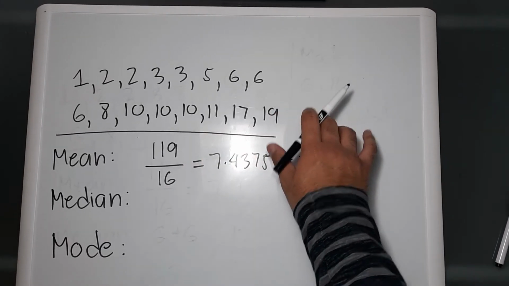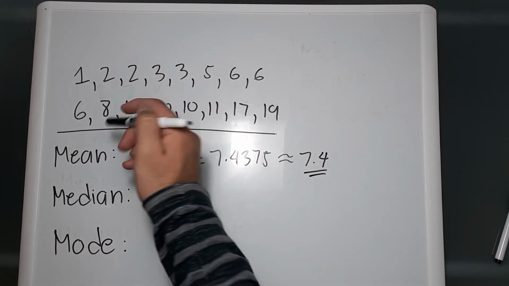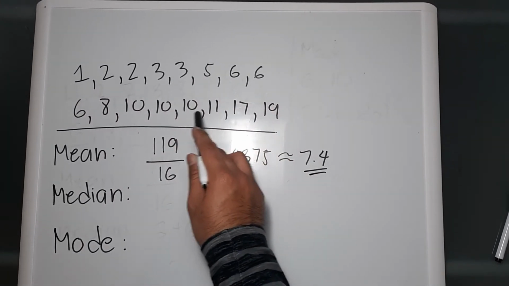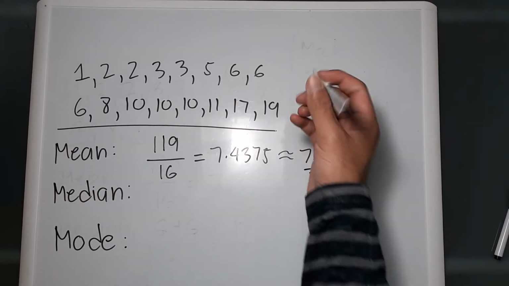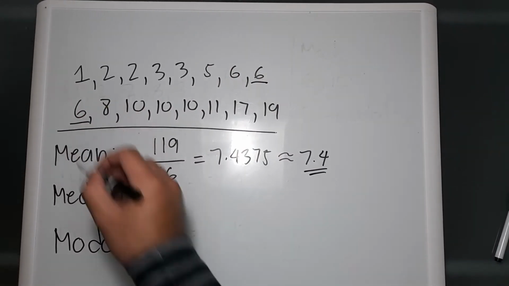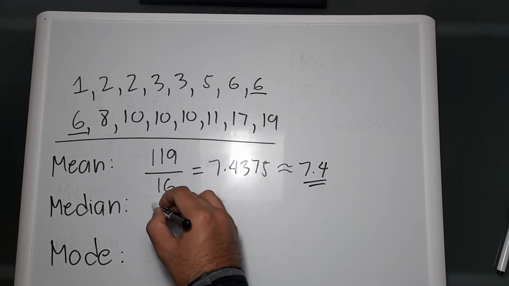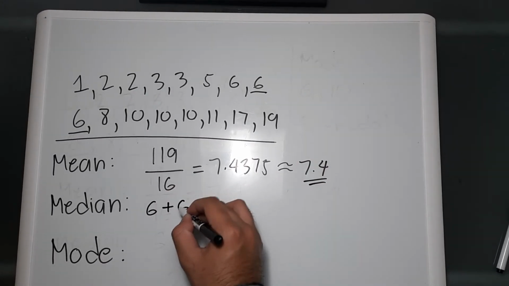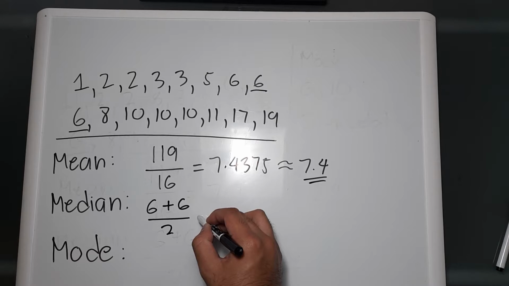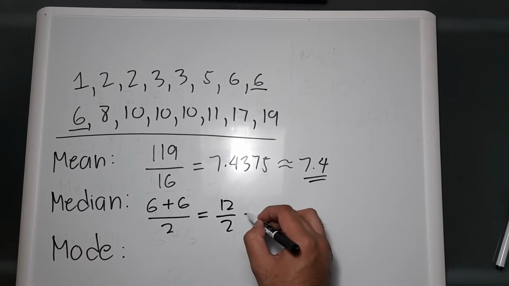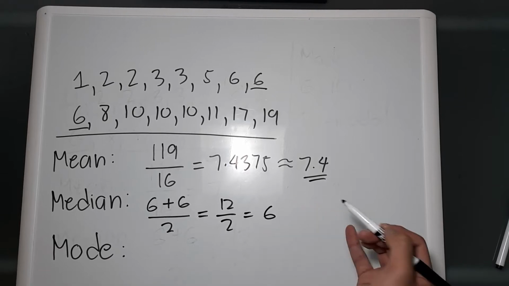In this set, the middle values are the 8th and 9th: 1, 2, 3, 4, 5, 6, 7, 8, and 1, 2, 3, 4, 5, 6, 7, 8. So these two sixes are our middle values. 6 plus 6 over 2, so 12 over 2. The answer is 6.